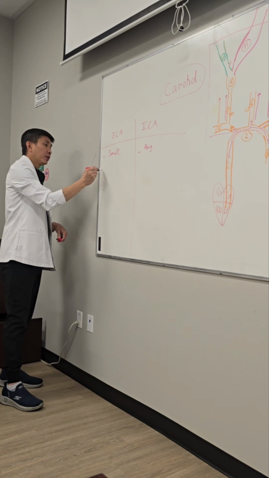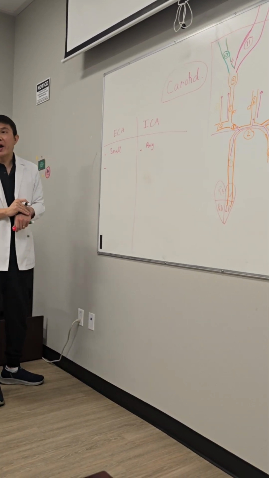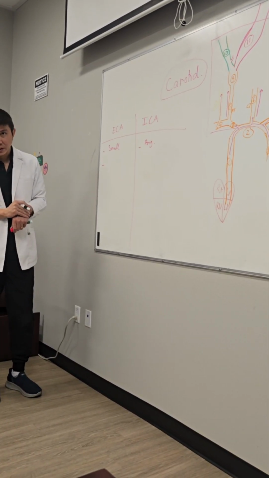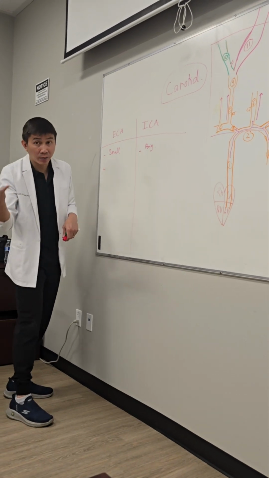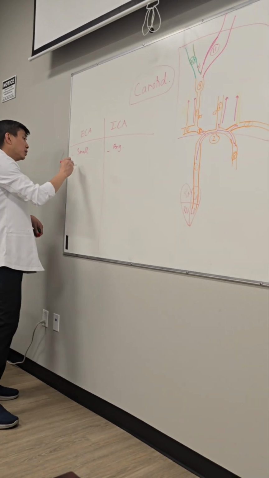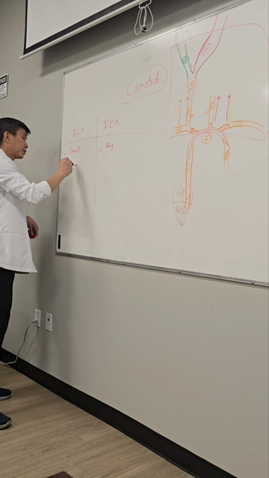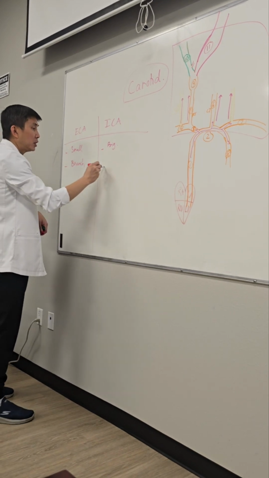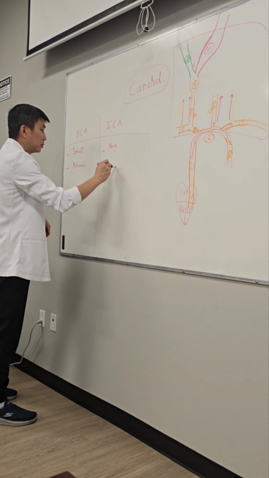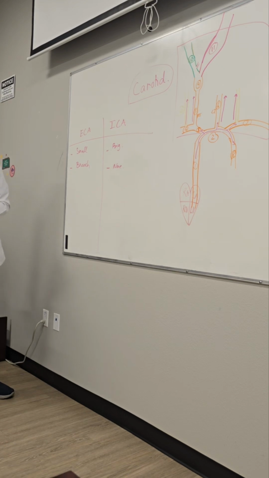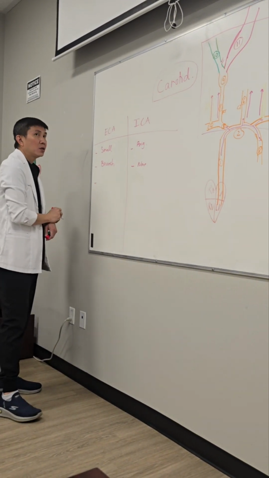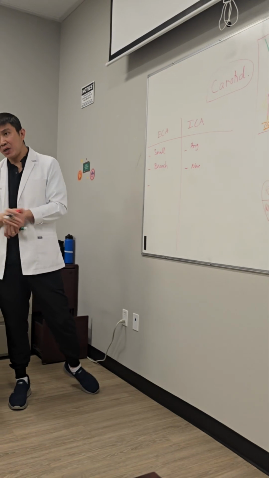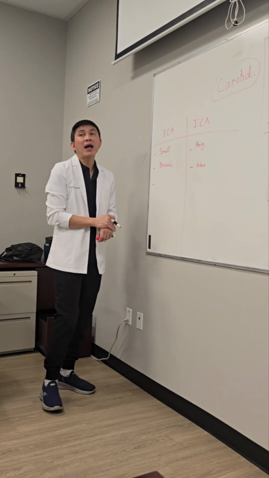Now, which one has branches? The ECA has branches outside the skull. We're talking about the extracranial portion. Now we're talking about lateral and medial. Which one is lateral?